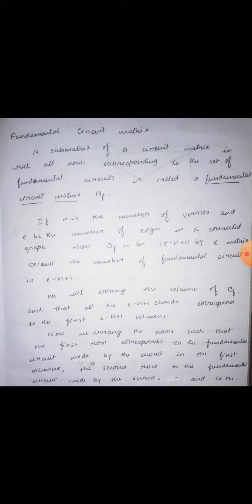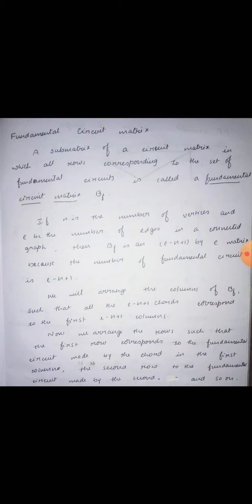A spanning tree is a tree containing all the vertices of that connected graph. The edges in the spanning tree, we call branches. The edges of a connected graph which are not in the spanning tree are chords.